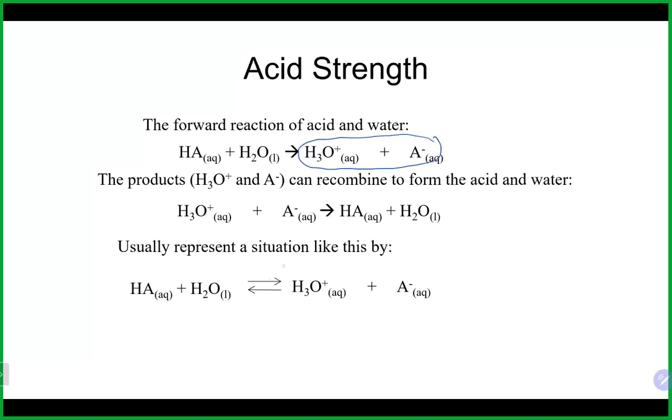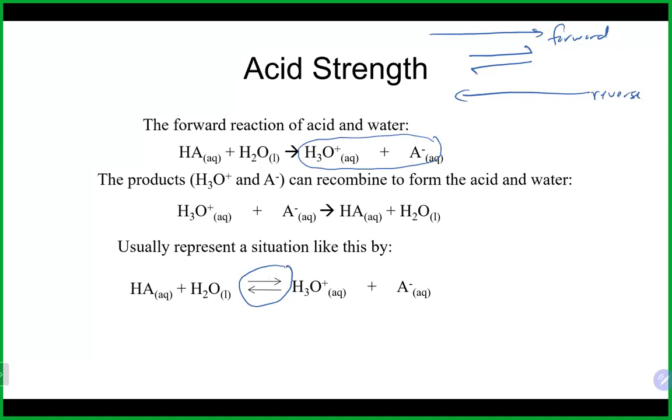This gives us arrows that go in both directions, which indicate a reversible reaction, where we have a forward direction going from our reactants to products, and then a reverse direction at some point when our products come back together to make our reactants.